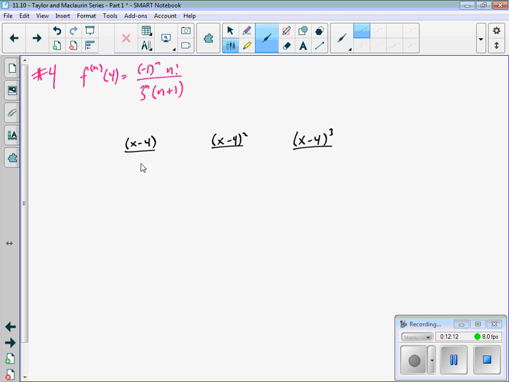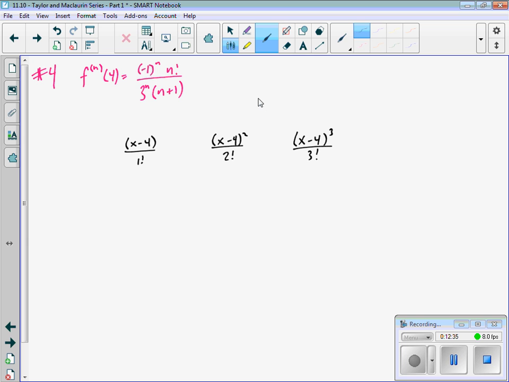For this one, we always divide by 1 factorial. This one we're dividing by 2 factorial. 3 factorial. When you're not sure what to do, just try to get something started, because once you start, your brain starts working, it starts making some connections there. Okay, so this is our start to it.